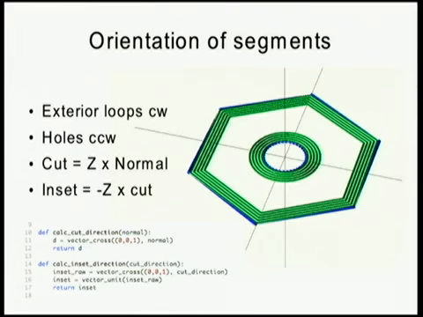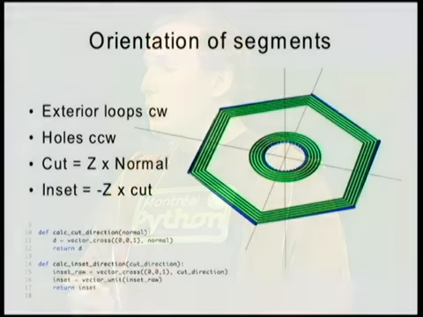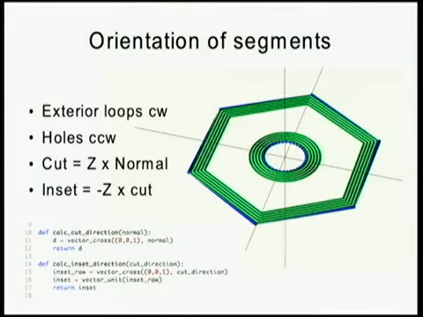Also, segments are important, but they're also oriented, because what you want is all your outlines to be running in a clockwise circle, and all the holes in your models to be counterclockwise, like in this example here of the hexagon. So this is where you use the normal of your triangle, and you just do a cross product with the Z direction to get your direction.